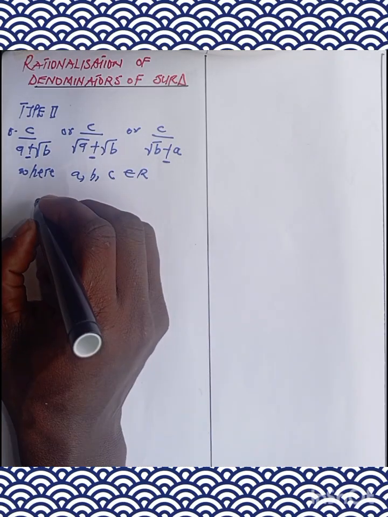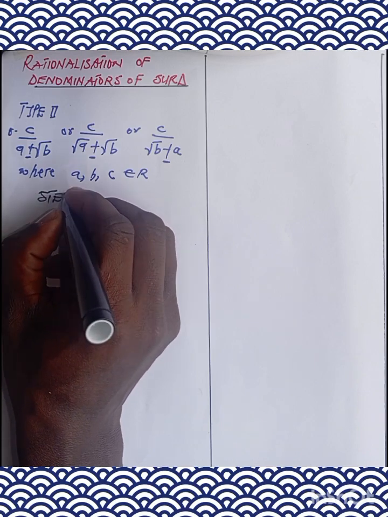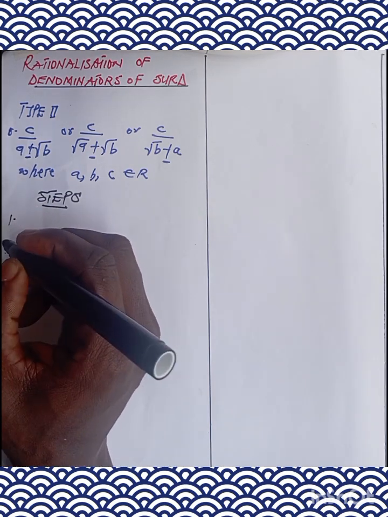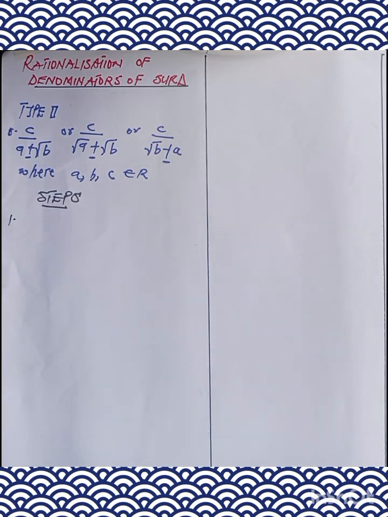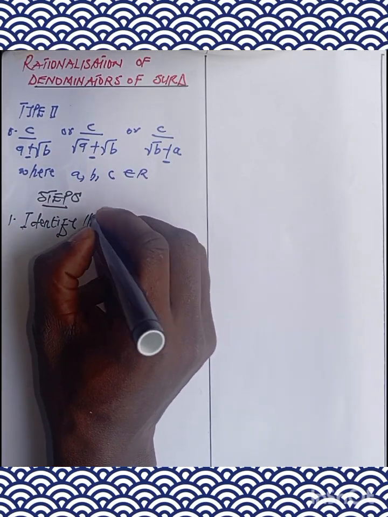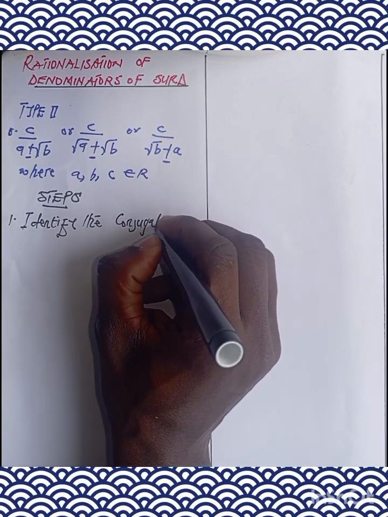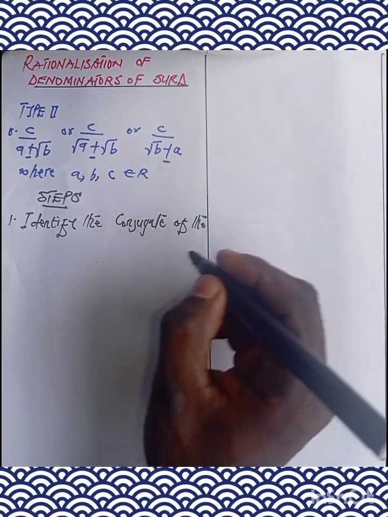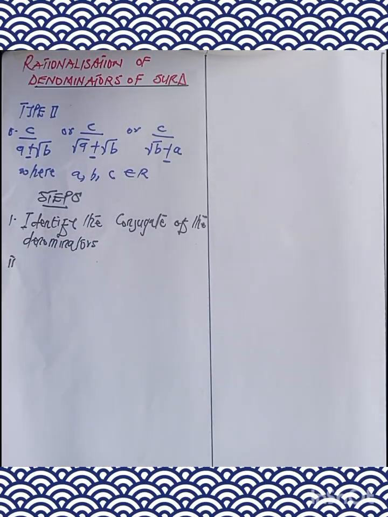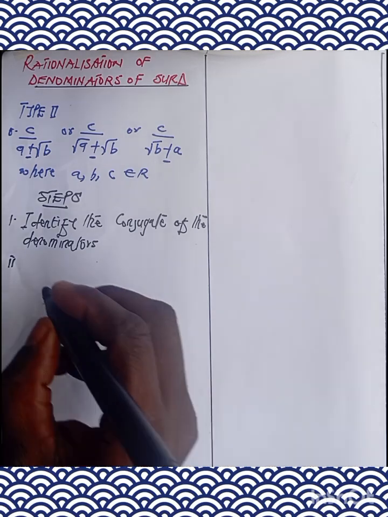So under the steps, we have step 1: identify the conjugate of the denominator, or you first identify the denominator and then you come out with its conjugate. Step 2: multiply the numerator and denominator by the conjugate of the denominator.